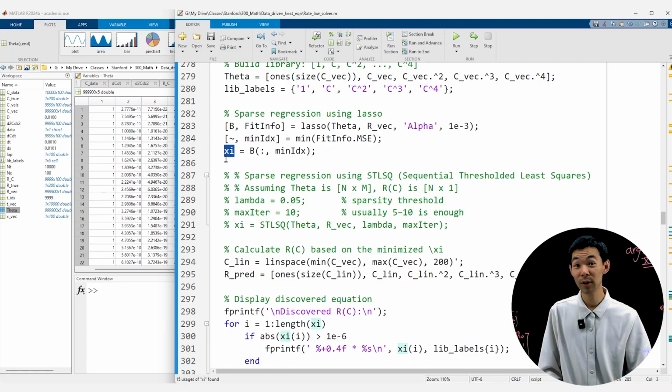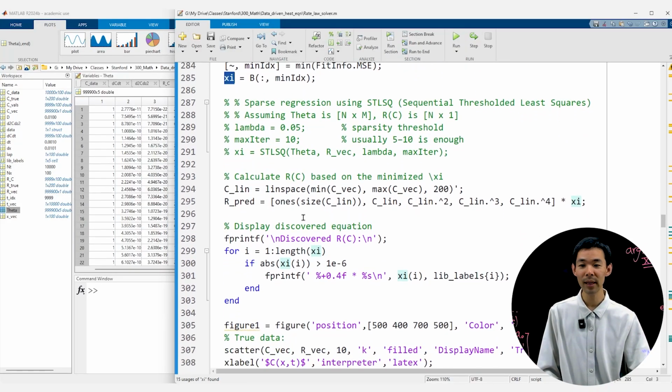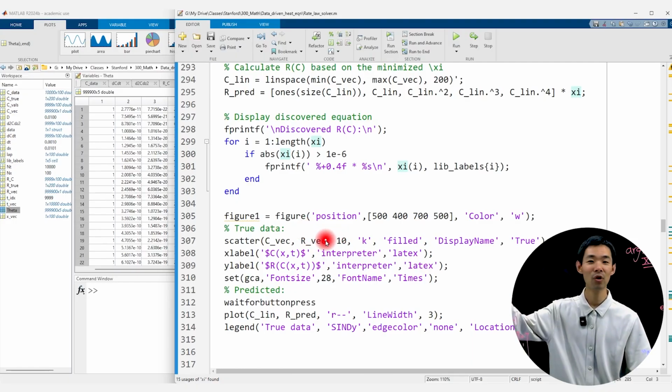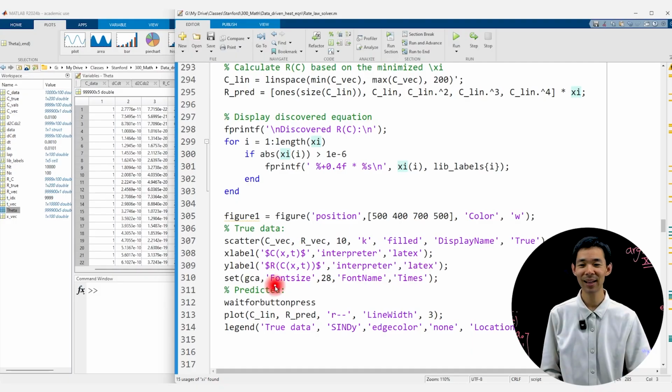So that's doing sparse regression using lasso. And then we're just going to print the discovered equation on the command window and then plot the true data of the data matrix and the rate vector evaluated from taking derivatives of the concentration data and the predicted value based on sparse regression. And that's it.